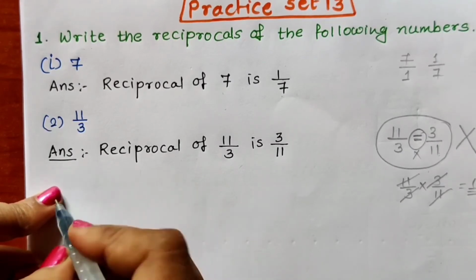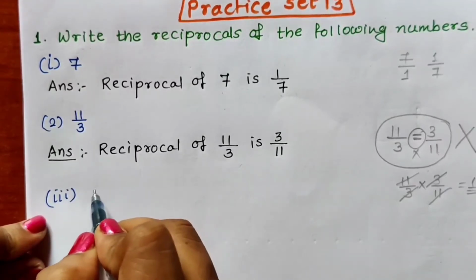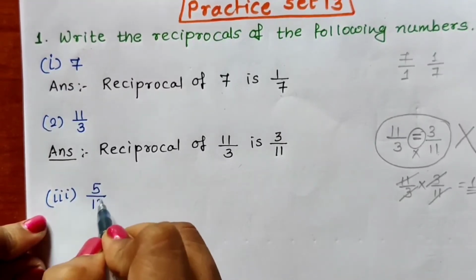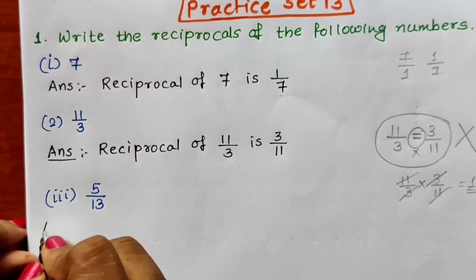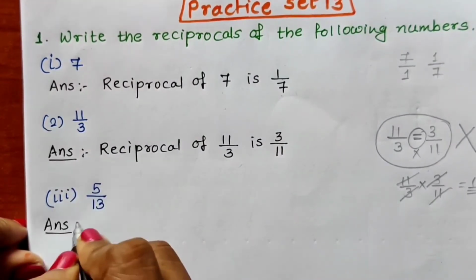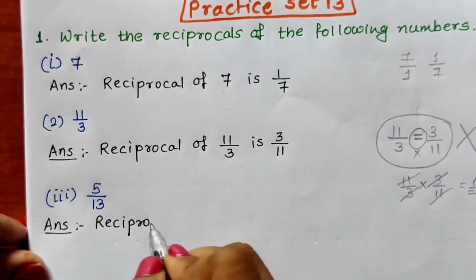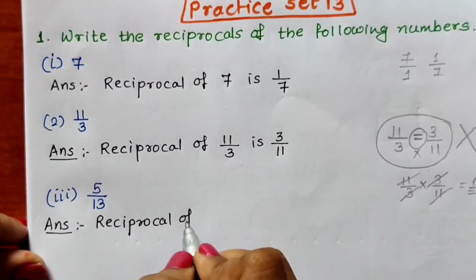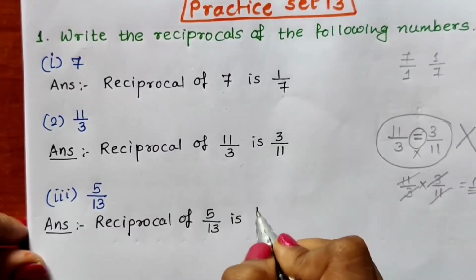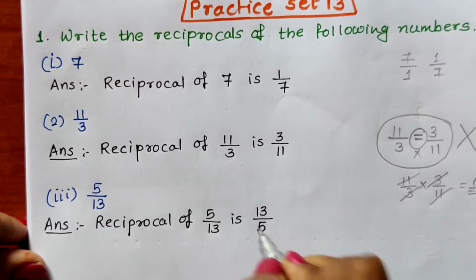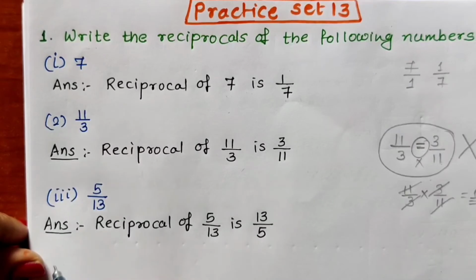Now let us see the third number. The third number is 5 upon 13. So how do we write the answer? We will write: reciprocal of 5 upon 13 is 13 upon 5. Now the last number is 2.